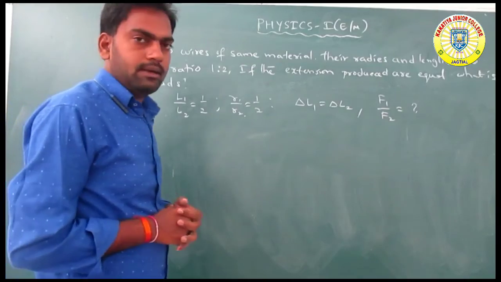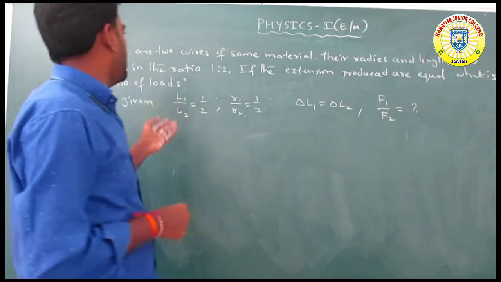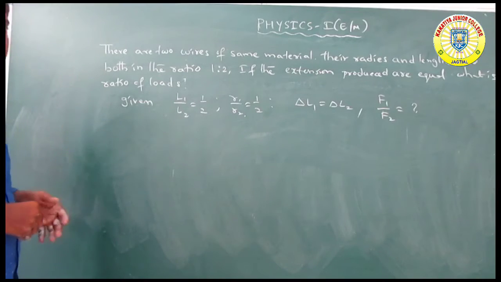Delta L1 is equal to delta L2, and we need to find F1 by F2, the ratio of the loads.